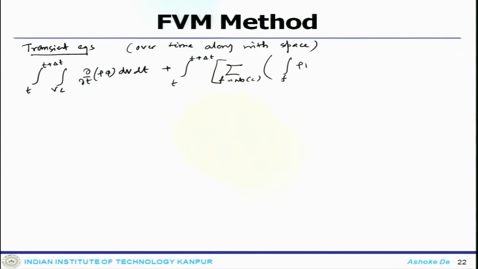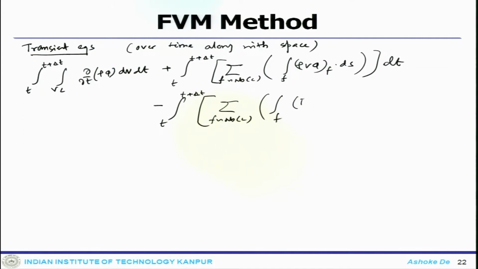So, these are my convective fluxes, minus, from t to t plus delta t, I will get diffusive fluxes gamma delta phi f dot ds. So, along with the spatial variation, you get the integration done over temporal variation also.